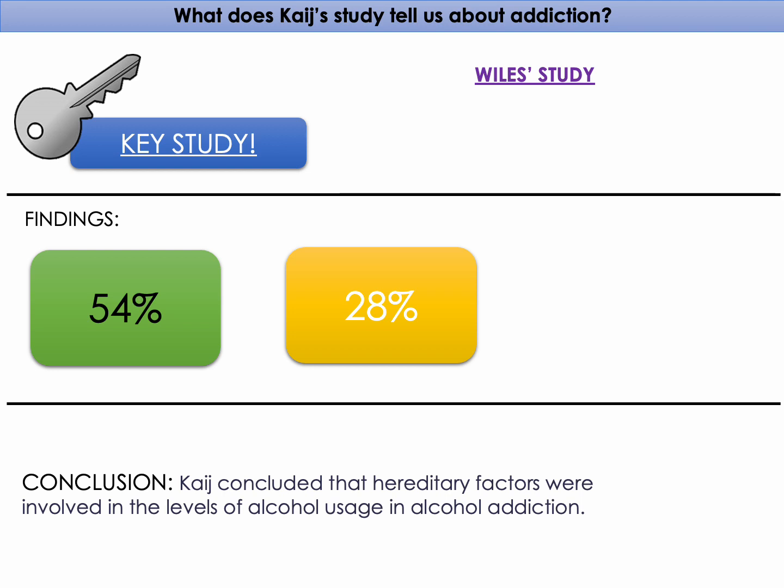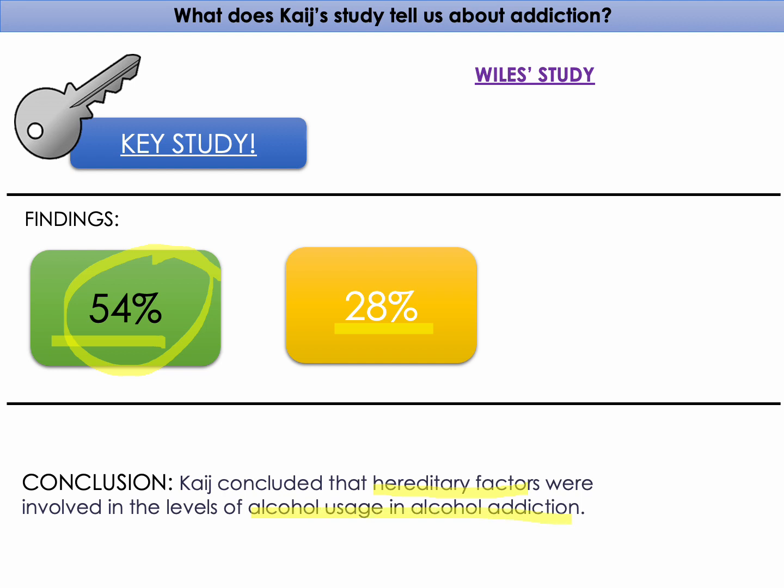But the key finding here for you to worry about and for you to articulate in a question on Kaij is that 54% of identical twins were in the same category of alcohol abuse compared to only 28% of non-identical twins. So the fact that the percentage for MZ twins is higher would indicate that there is a genetic element, a hereditary factor that is linked to alcohol usage and alcohol addiction.